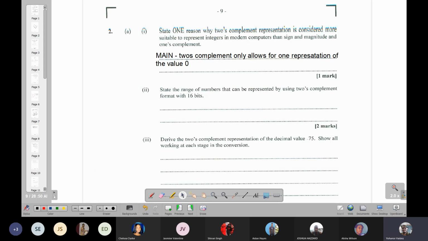Right. So state the range of numbers that can be represented using 2's complement format with 16 bits. I would have accepted this. 2 to the power of 16 is 65,536, I believe.